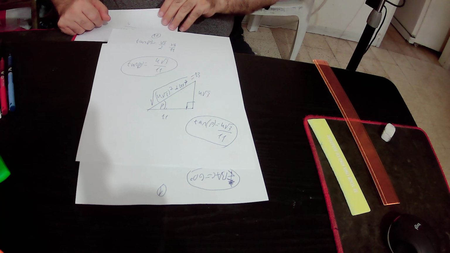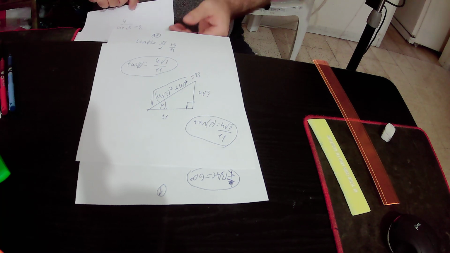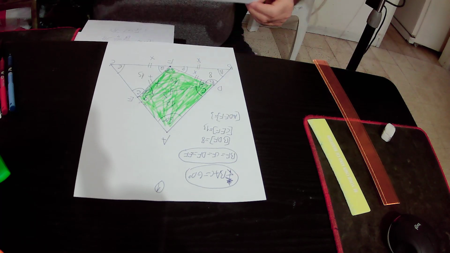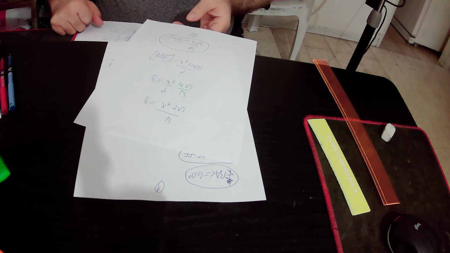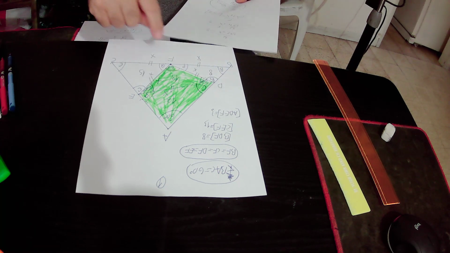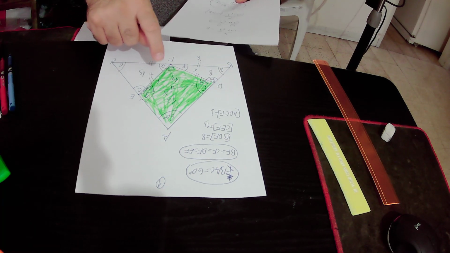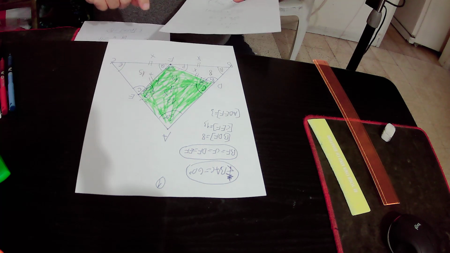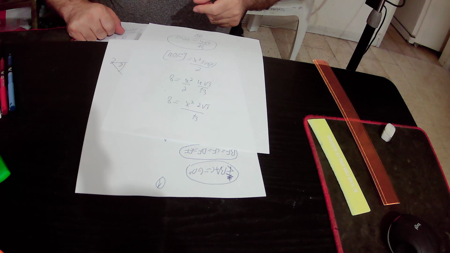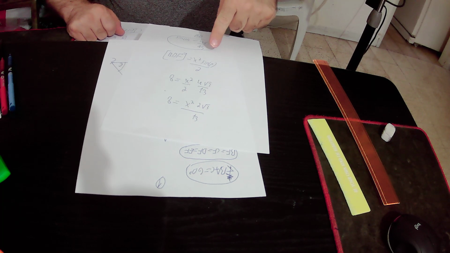Okay? And from tangent p we found that sine p equals 4 times root 3 over 13, and we calculated the area of the equilateral triangle DFE, and we know that the area of the equilateral triangle equals x squared times sine p over 2.